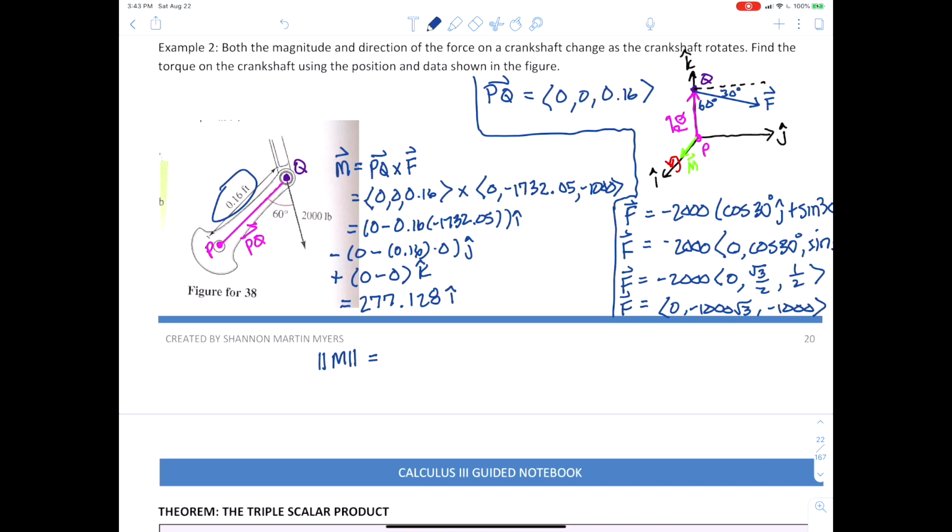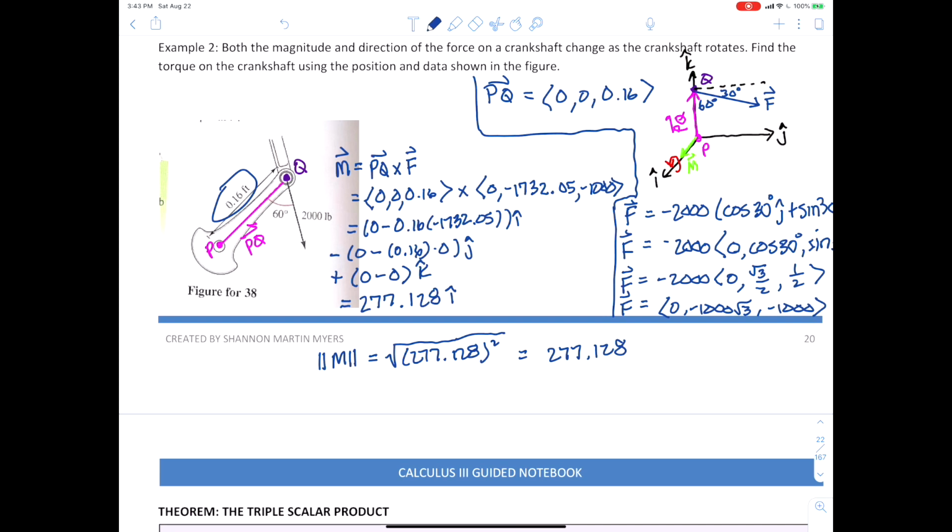So do you see that we'll just get, we can write it out, the square root of 277.128 squared, right? Which will just be 277.128. And so what does that mean?